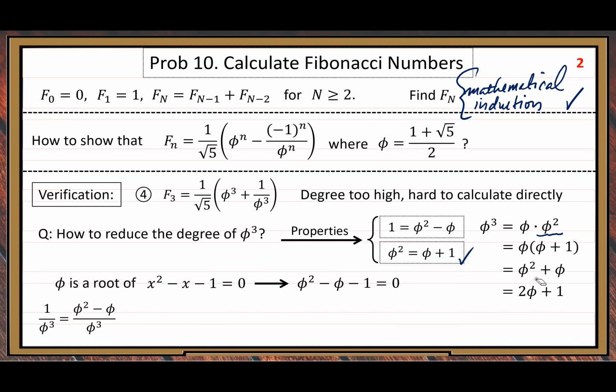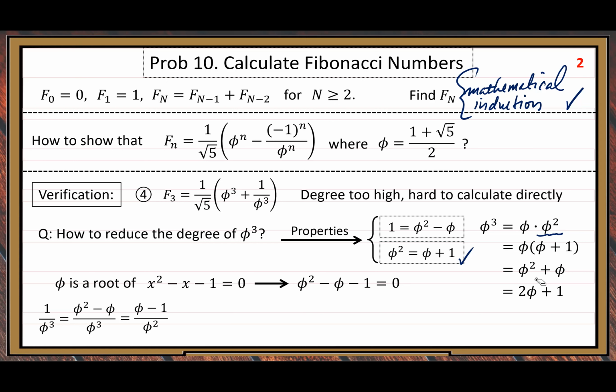The reason is we can have some cancellation this way. The numerator and denominator have a common factor phi, so we can do cancellation. After cancellation, now we have phi minus 1 in the numerator and phi squared in the denominator.